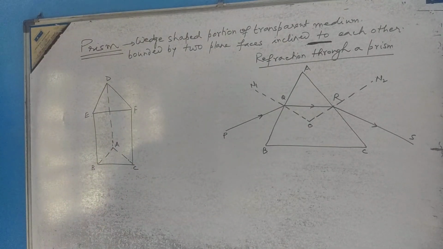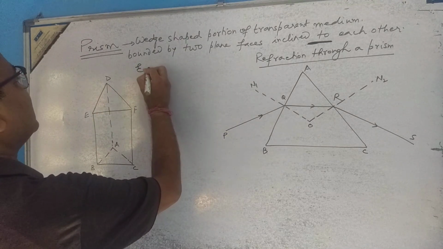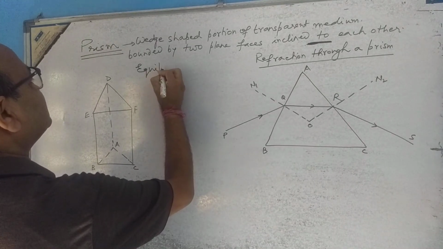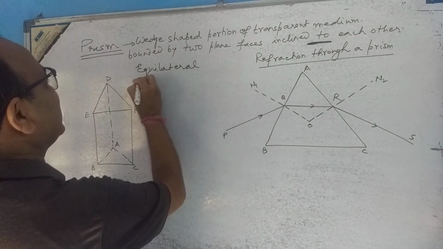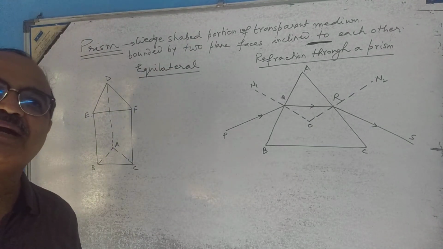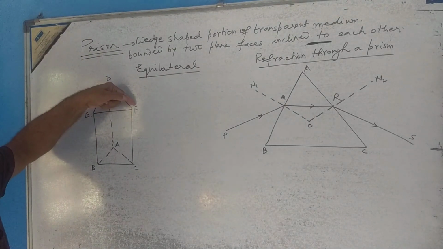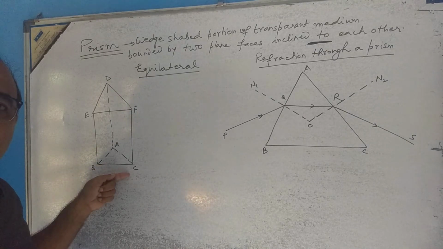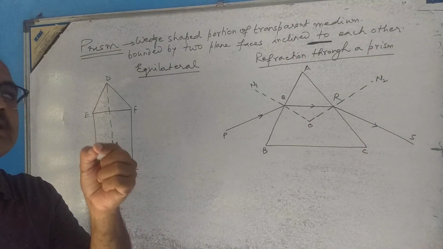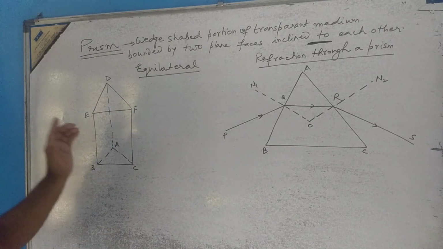Here the prism is bounded by two plane faces which are inclined to each other. Now let us discuss this figure. According to our syllabus, we are taking the case of the equilateral prism, in which the top surface DEF and the bottom surface ABC are each an equilateral triangle, and they are bounded by three surfaces.